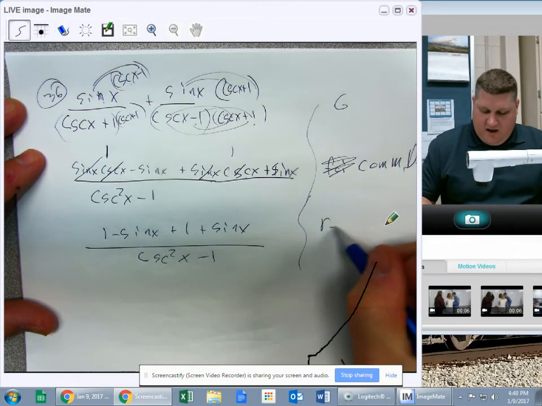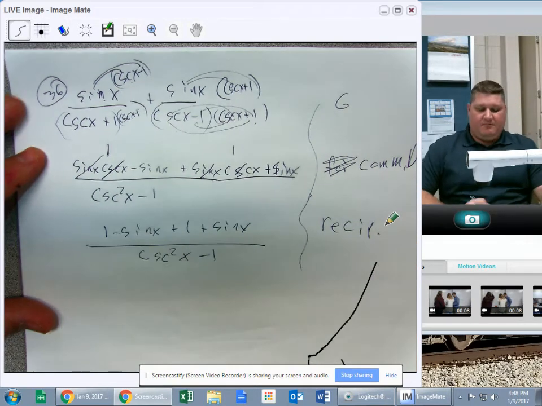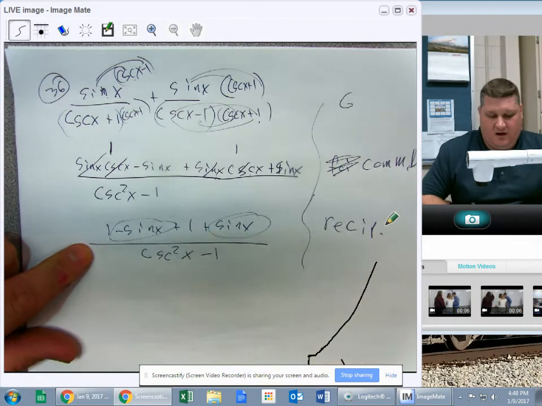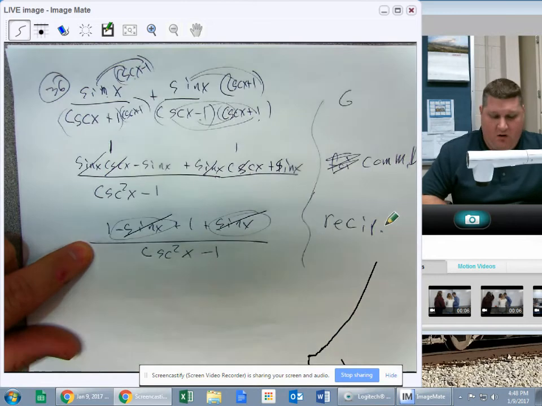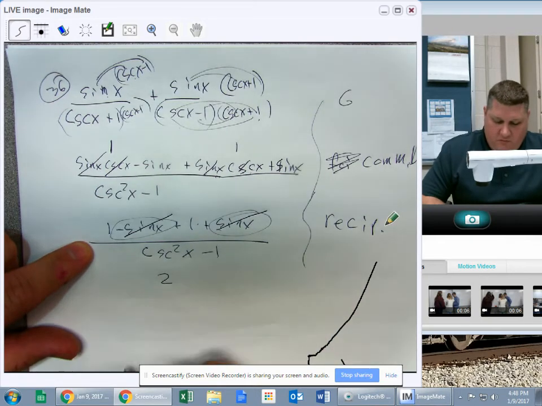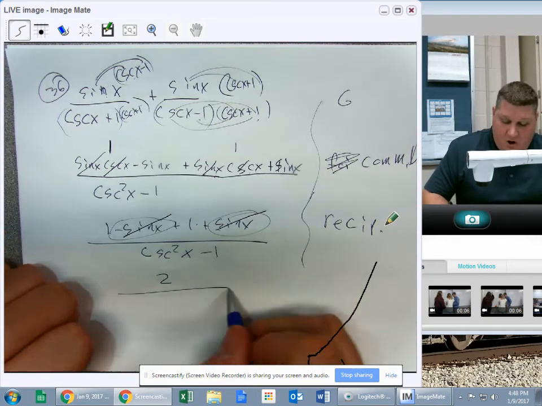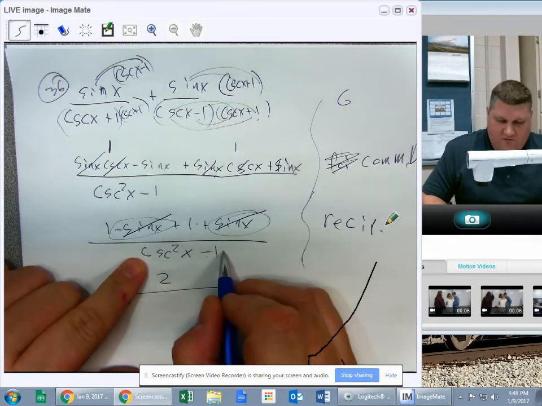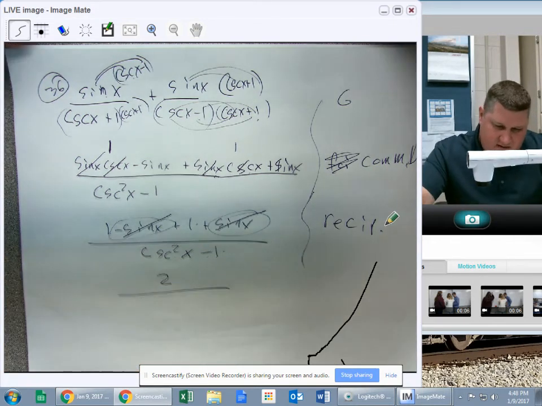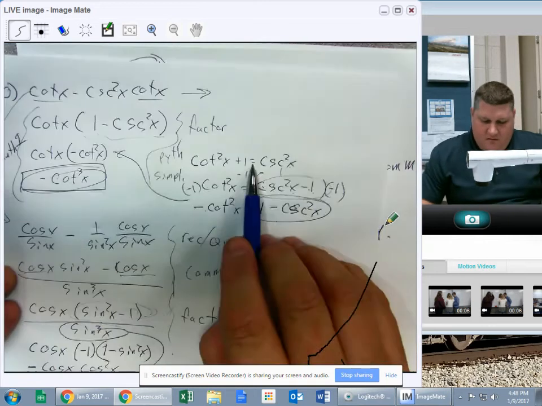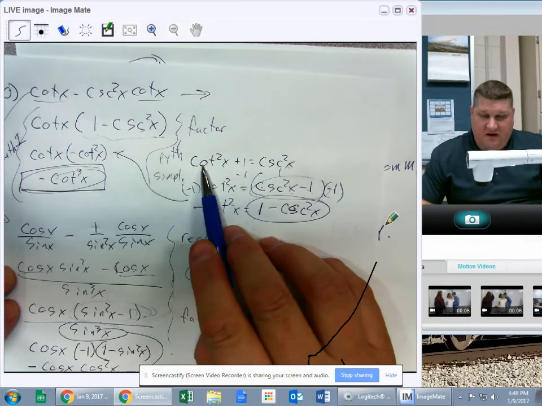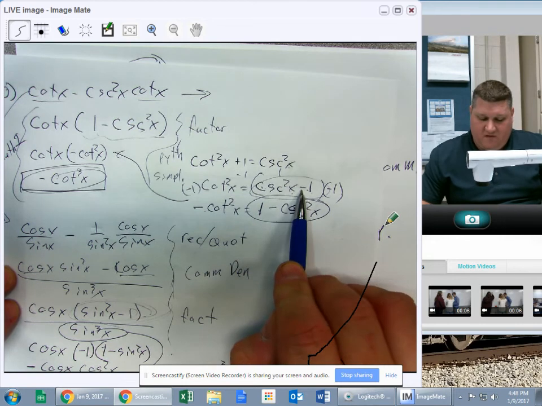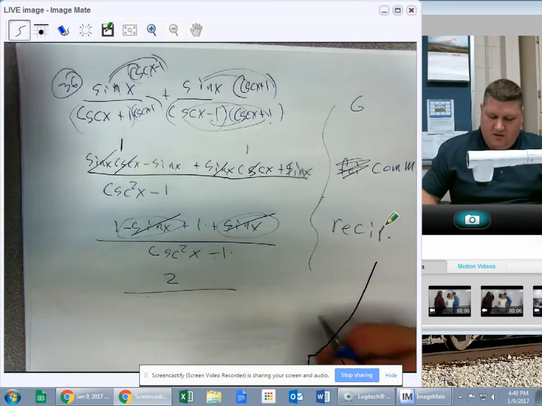And so this is by reciprocal property. Now, what is negative sine and positive sine? They're gone. 1 plus 1 is 2. Now, on the bottom, we have cosecant squared x minus 1. Well, this would be cotangent squared x plus 1 is cosecant squared x.